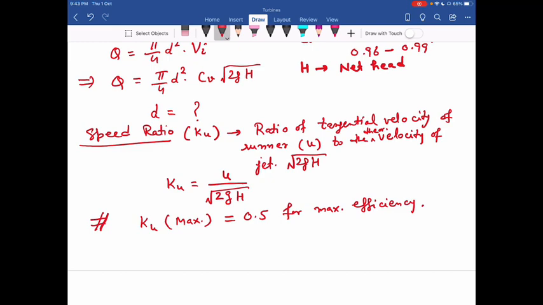However, if we consider the nozzle friction, that means if we consider the value of Cv, this value of Ku is less than 0.5. So if we consider the friction of the nozzle, then the value of Ku is in the range of 0.46 to 0.48. Okay, so this is the speed ratio.